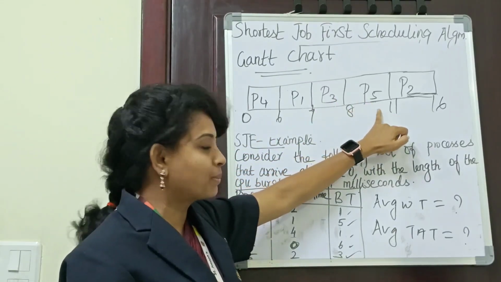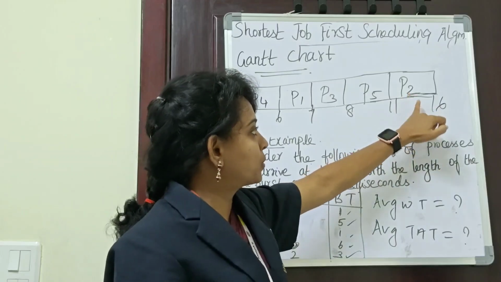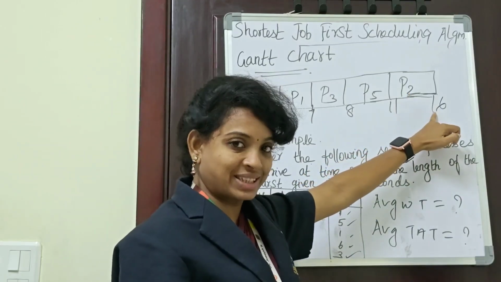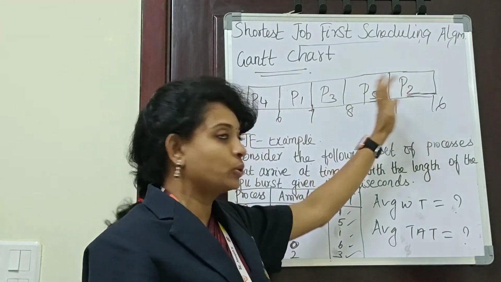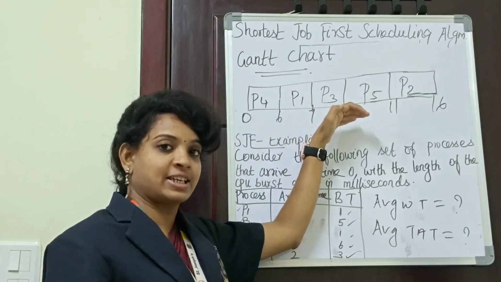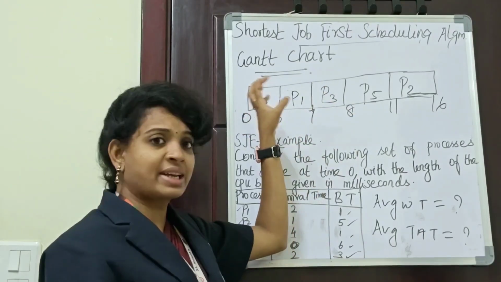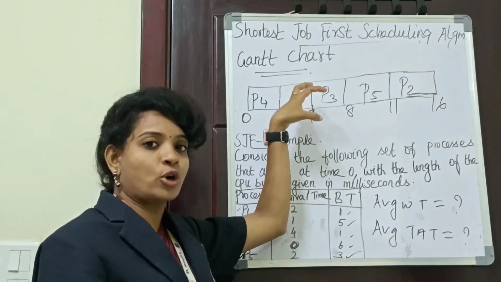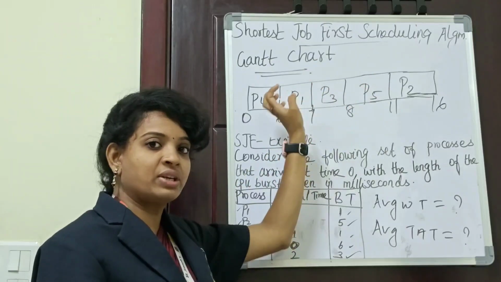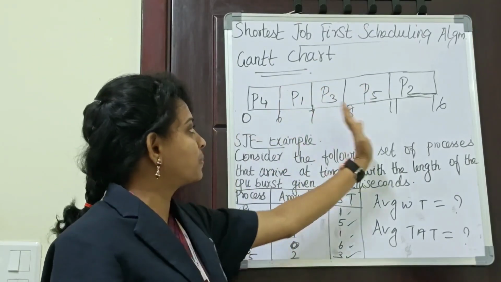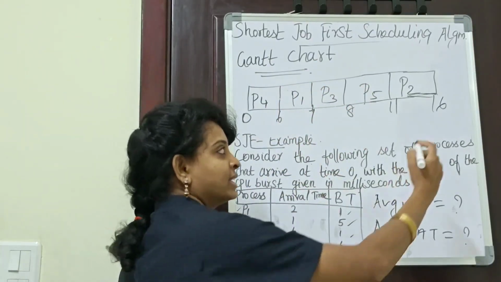The P5 process completes its execution at 11, and the P2 process completes its execution at 16. So the CPU is not idle; at every time the CPU is doing its job.